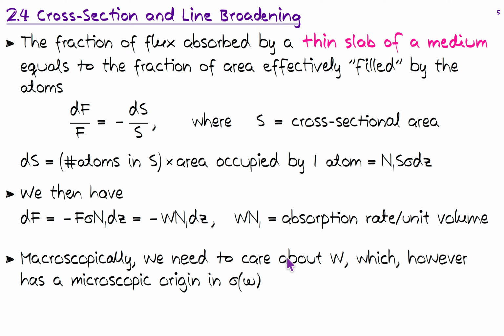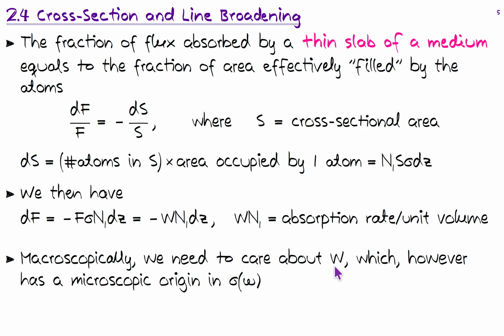So now we want to make this transition: what happens when we actually have a bunch of atoms forming the actual medium, and the medium's response, the medium's absorption rate, is described by this more macroscopic quantity. So in a way, we move now from a treatment of our light-matter interaction using a microscopic quantity into a treatment using a macroscopic quantity.